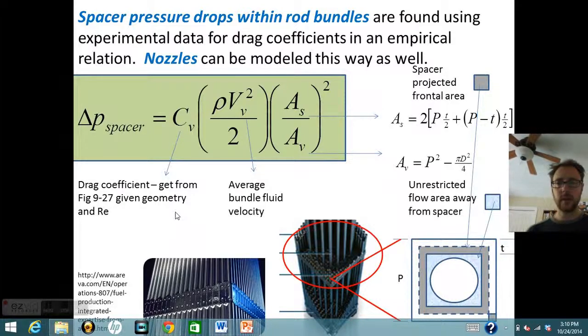Now, those are the areas. We need to know our average velocity in the bundle, and then we're going to need to know our drag coefficient, which we'll find for our reactor cores in a typical rod bundle from Figure 9.27 in your book.